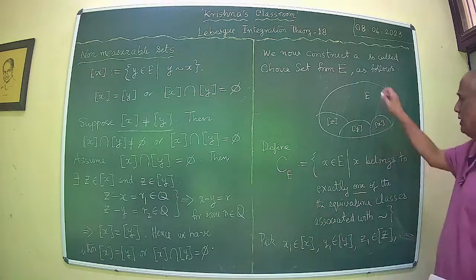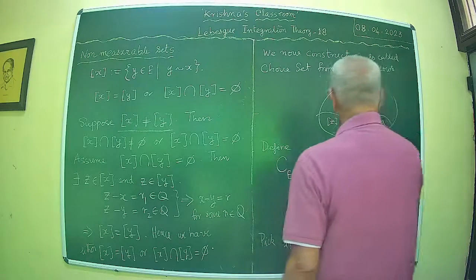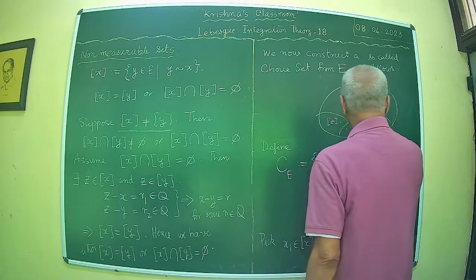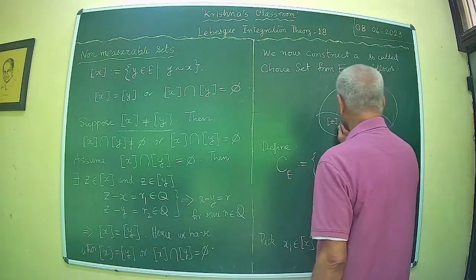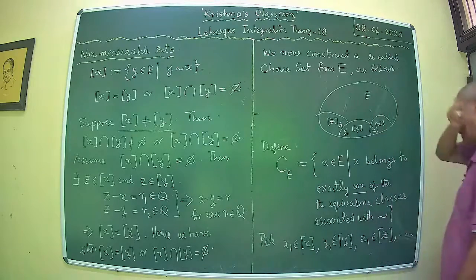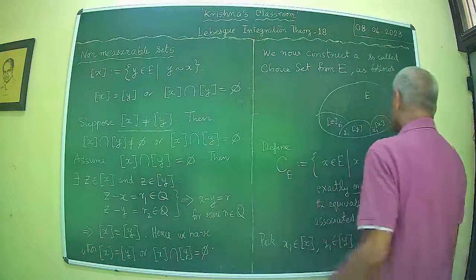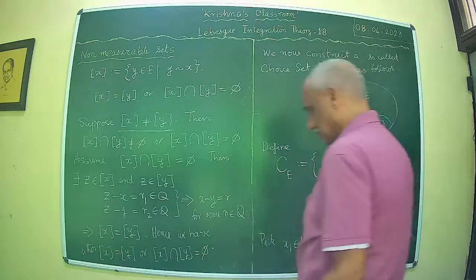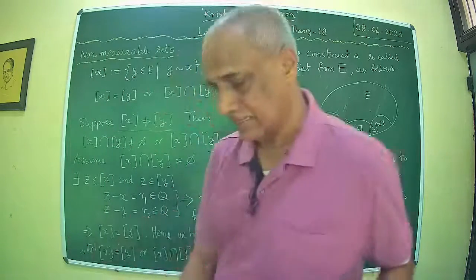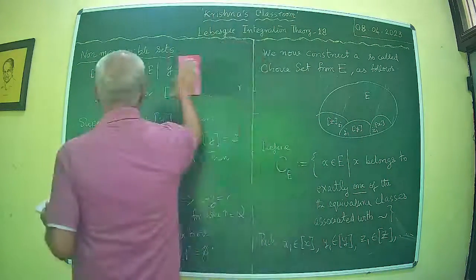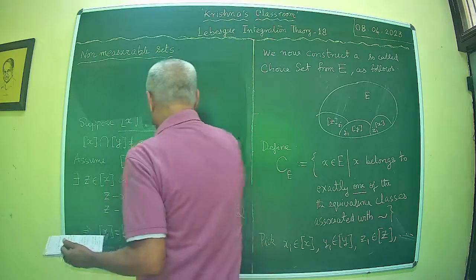So you have all the classes. Okay? So pick from this x1, this is y1, this is z1. Okay, and so on. So this collection exists by axiom of choice. Such a choice set can be expected.